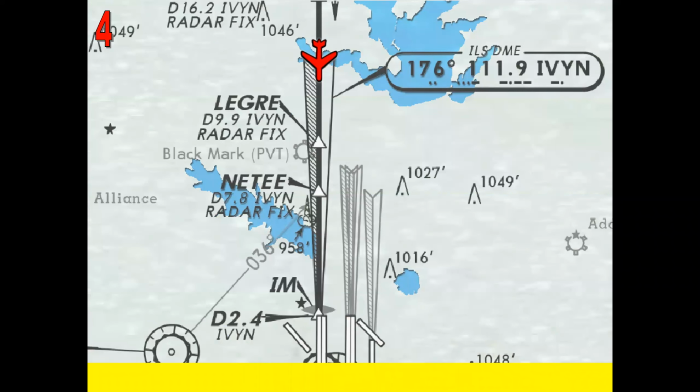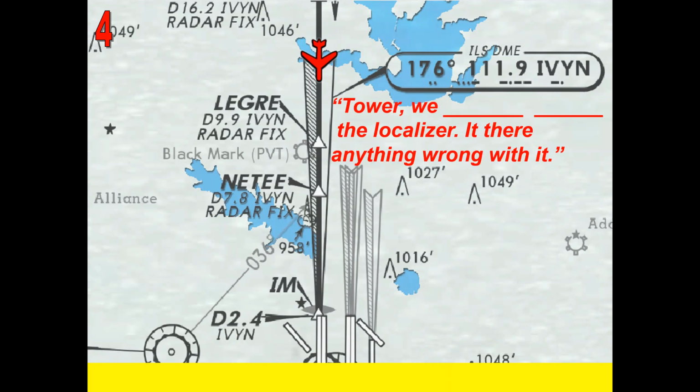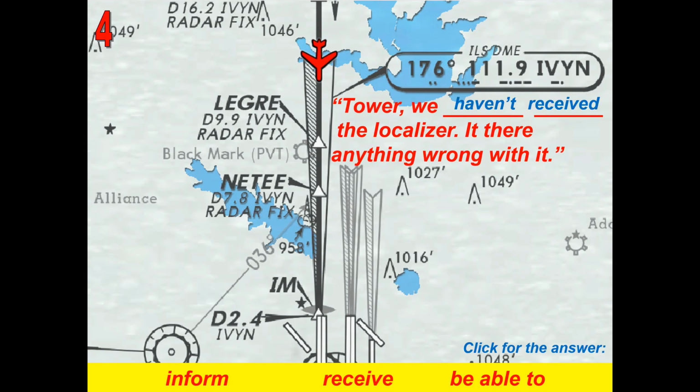All right, back to Mike. Tower, we blank the localizer. Is there anything wrong with it? And inform, receive, be able to. Tower, we haven't received the localizer. Is there anything wrong with it? Yeah, we haven't received the localizer.